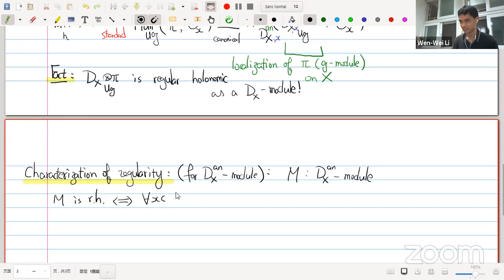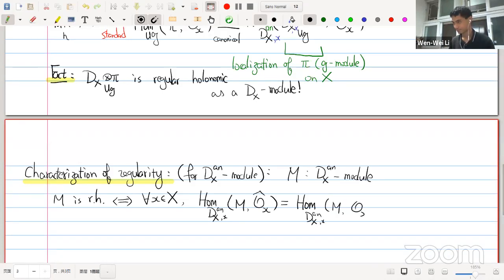Here, capital X is just any smooth variety over C, even any complex manifold. If and only if for any x, if you take the same construction as above, then this actually equals this one.